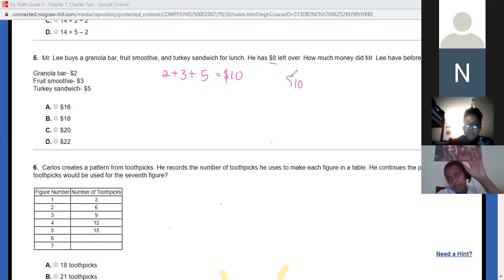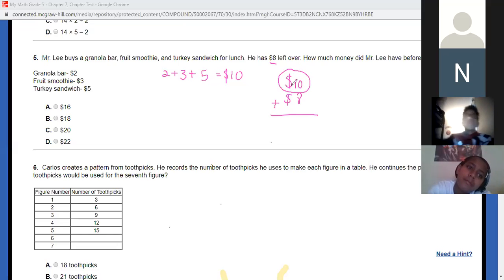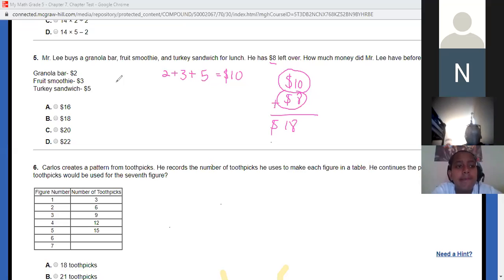So how much money did he have this whole time? $18. Yes, exactly. Because he had $18, gave the cashier 10, and the cashier said, "Hey, here's $8 in change." So yes, that would be 18. Good job. All right, perfect.